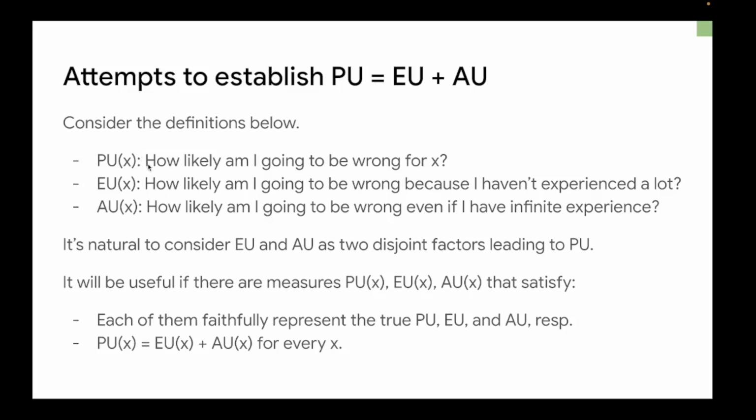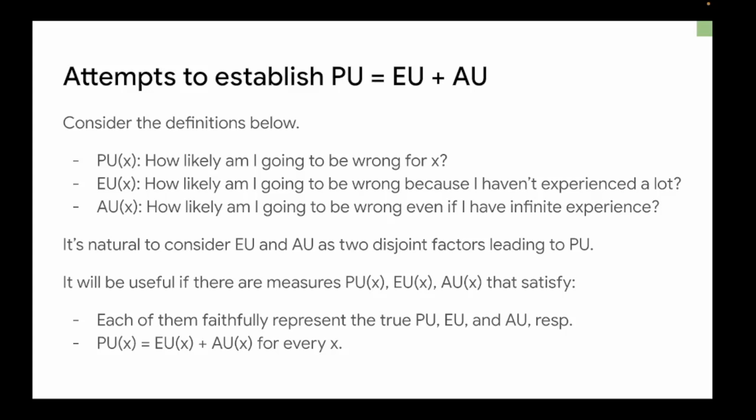PU of X is defined as how likely am I going to be wrong for X. EU of X you can write down as how likely is it that I'm going to get it wrong because I haven't experienced it. And AU of X is how likely am I going to get it wrong because even if I had an infinite amount of experience on this, I'm not going to answer it correctly.